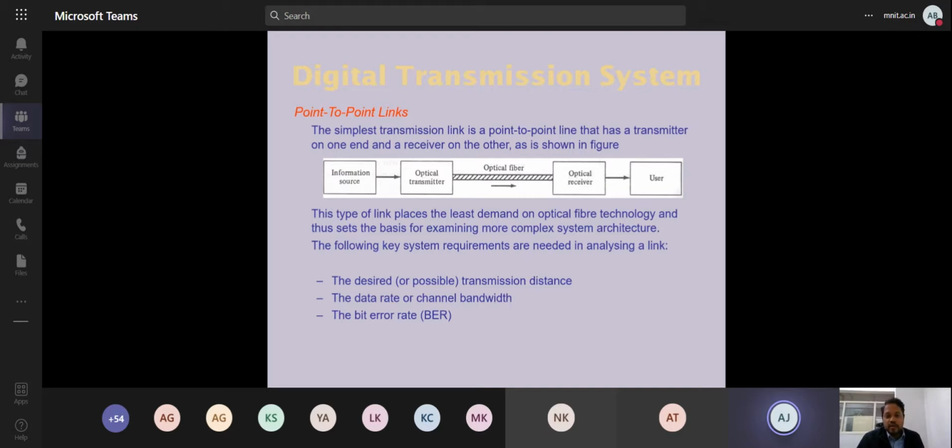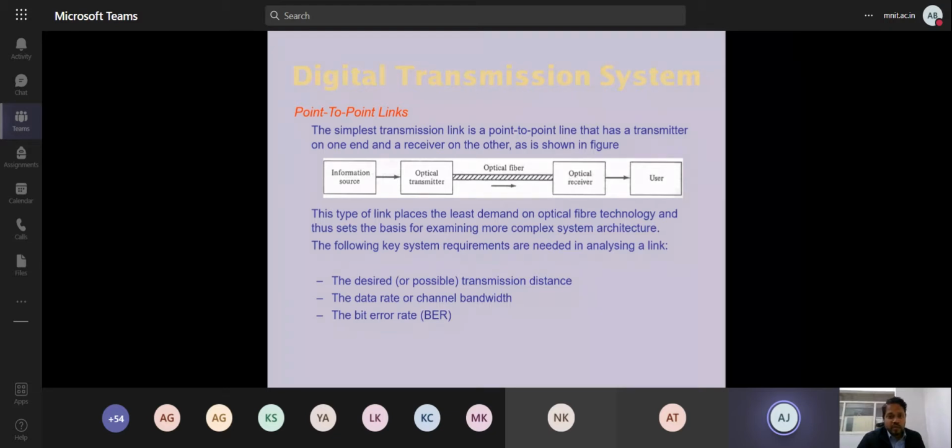So the optical transmitter converts this electrical source into optical form, and it transmits it onto the optical fiber. The optical fiber transmits this over the necessary distance, and the receiver converts the optical signal back into the electrical form, which can be used by the user.